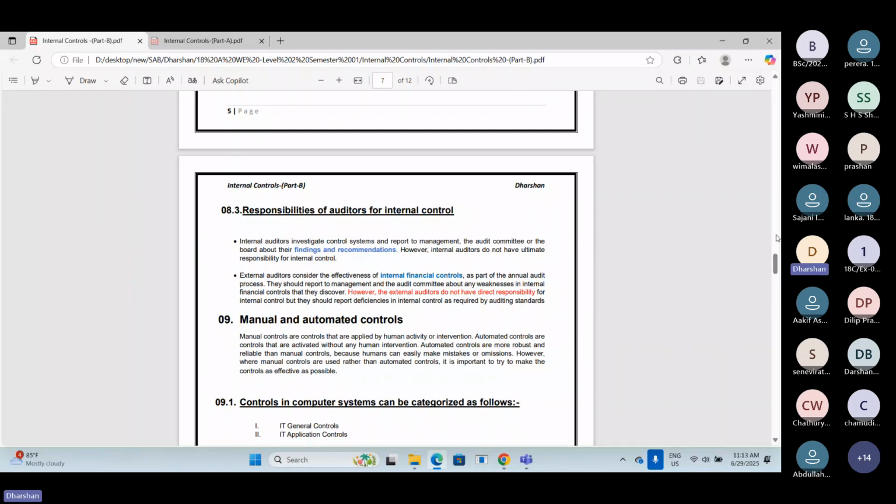Just include the word "only" also. They consider only internal financial controls. When external auditors perform audit procedures, they will consider only internal financial controls.